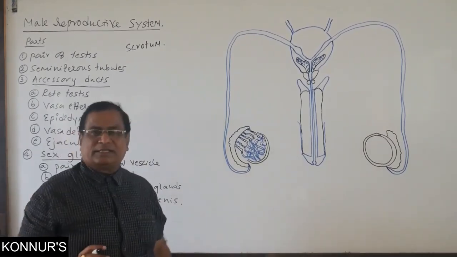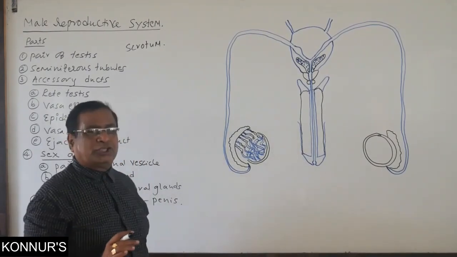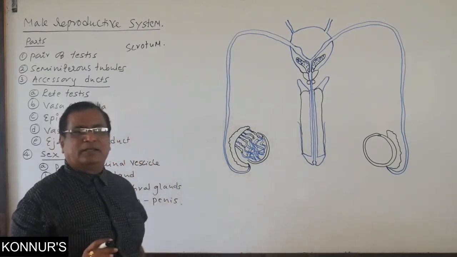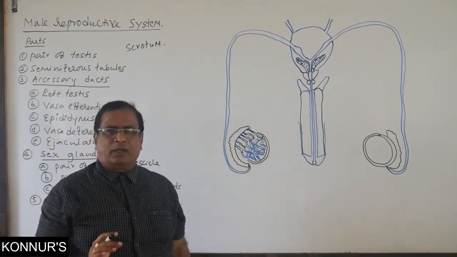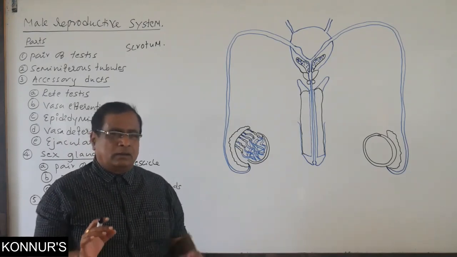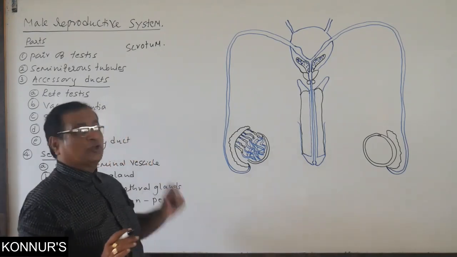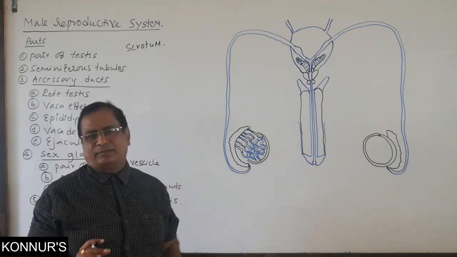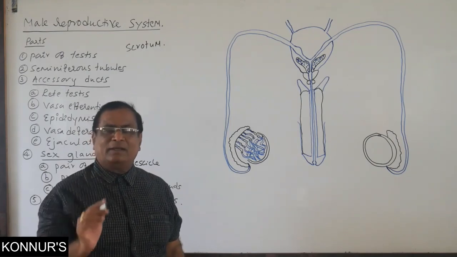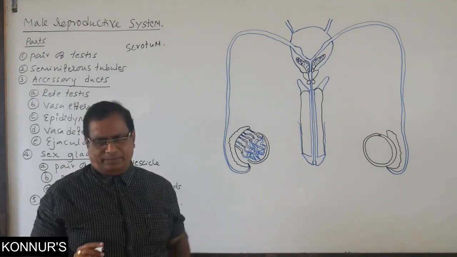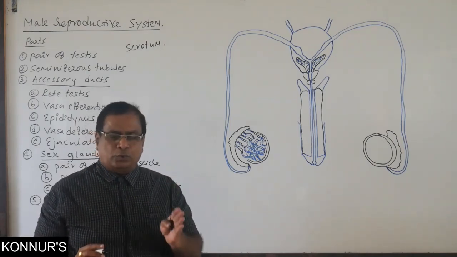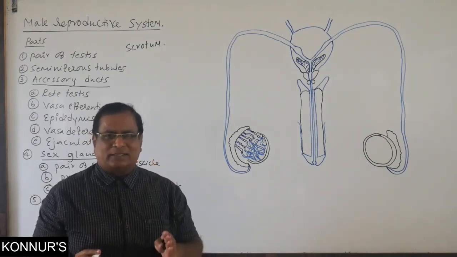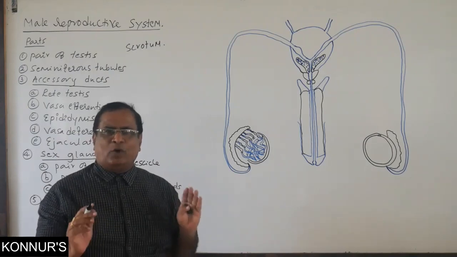Both the testes are in that pouch, an outgrowth of skin, named the scrotum. One interesting thing about the scrotum is that it maintains a low temperature, around 2 to 2.5 degrees Celsius less than the internal body temperature.